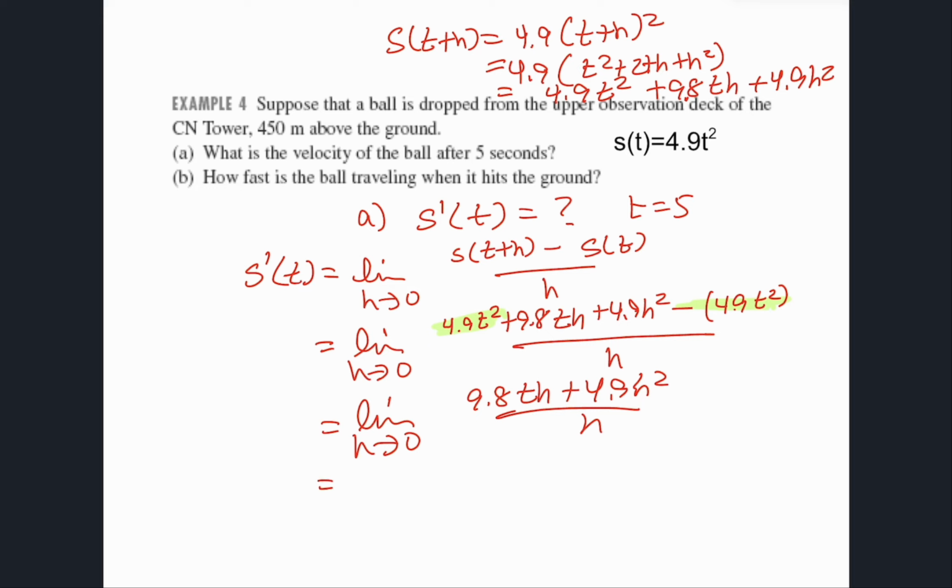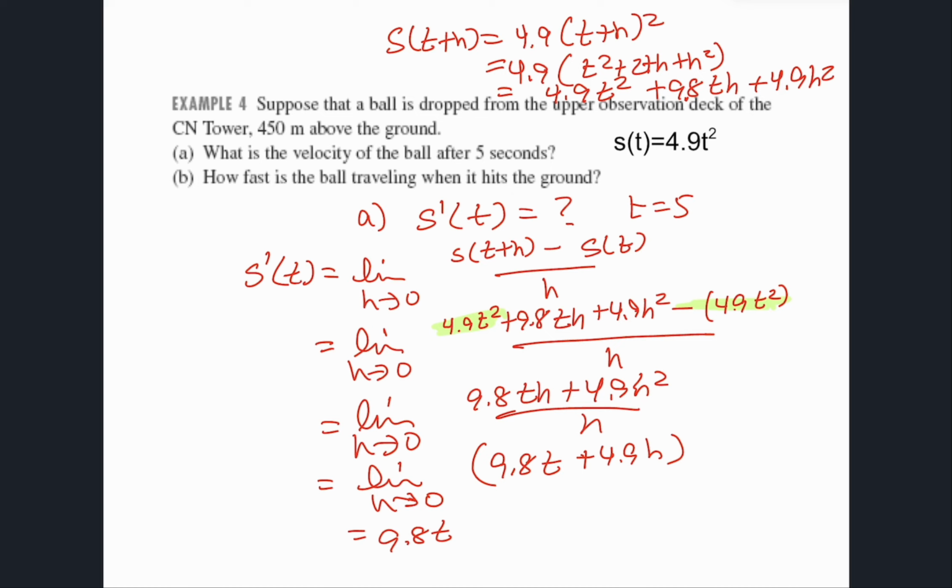If we divide everything by h, we get 9.8 t plus 4.9 h. Plug in 0 where the h is sitting. Well, no, we can just plug it in. Sorry. So we're going to plug in 0, and we get 9.8 t.